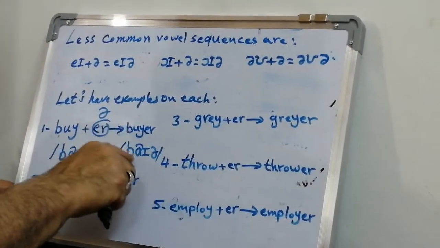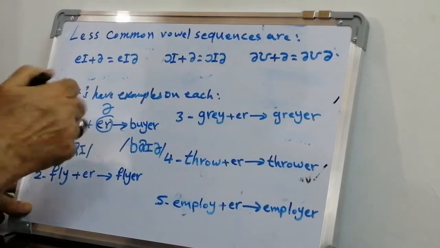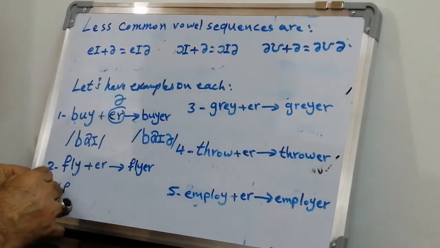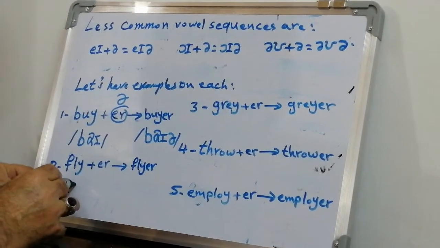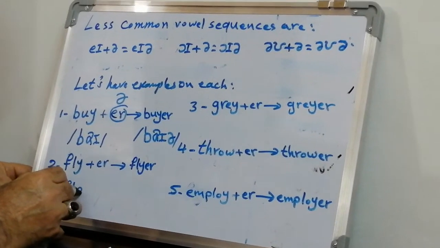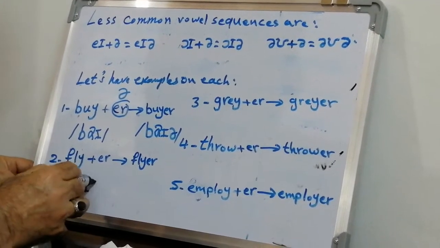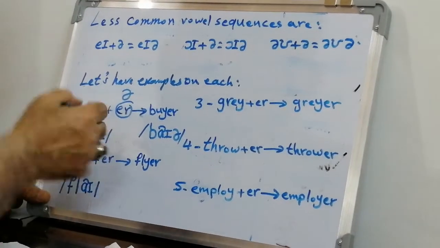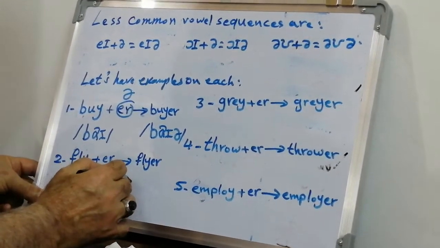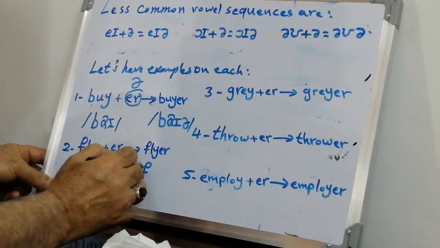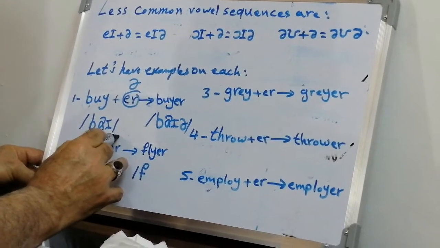Now, similarly, we have the word fly, f, l, and then ai. But when I add er to the word fly, it's going to be flyer, so we transcribe it like this. Because we have er, we consider it as a schwa.